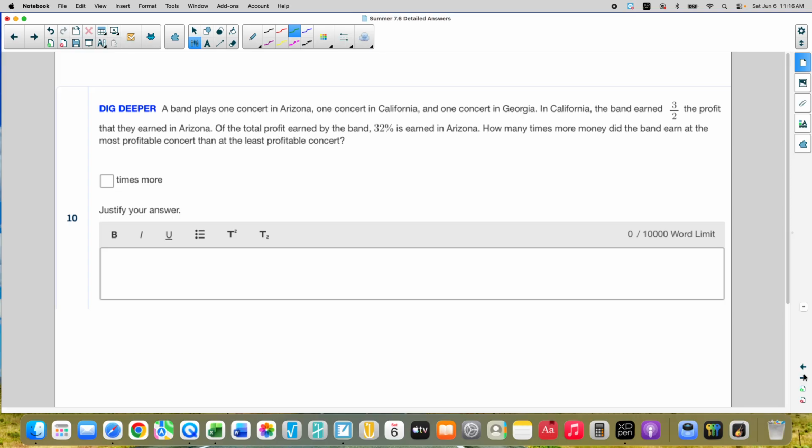How many times more money did the band earn at the most profitable concert than at the least profitable concert? Okay, this is a little bit tricky because you have to keep track of stuff. So plays one concert in Arizona, one concert in Georgia, and one in California.